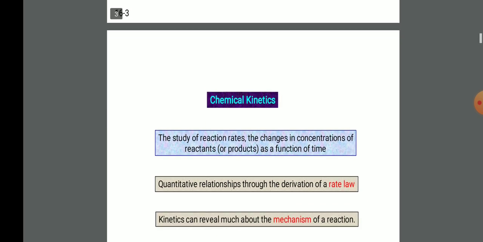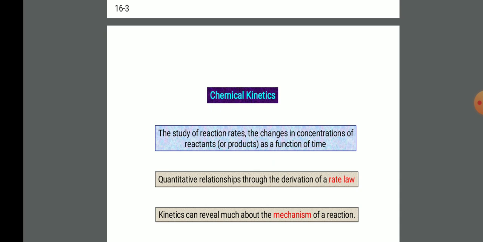Now, chemical kinetics. Chemical kinetics means the study of reaction rate, the changes in concentration of reactant or product as a function of time. There are two relationships.